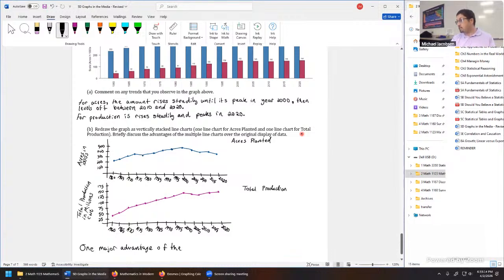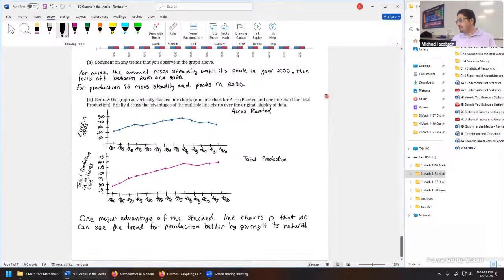of the stacked line charts is that we can see the trends or trend for production better by giving it its natural vertical scale.